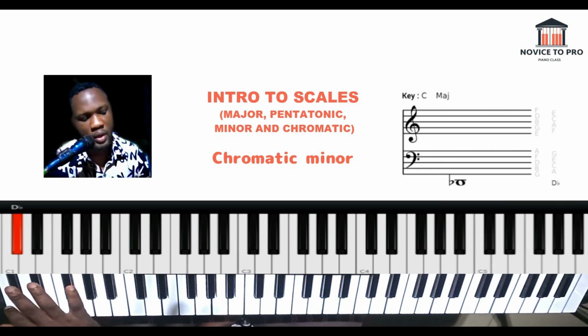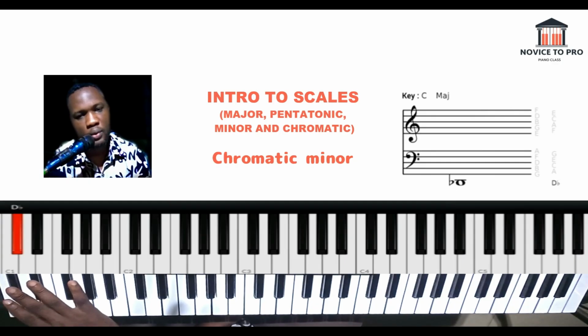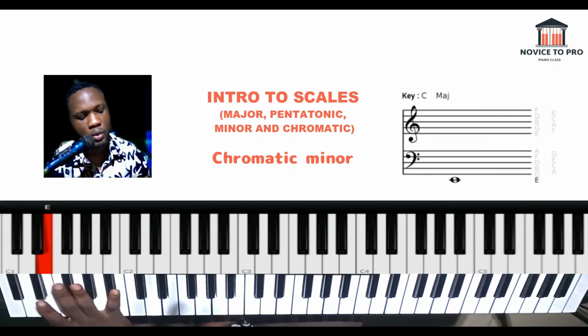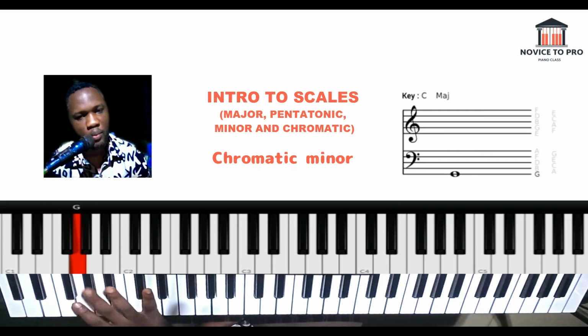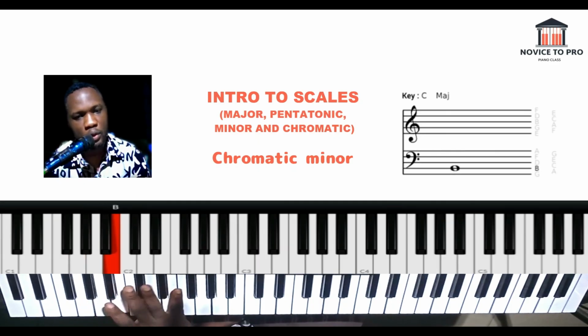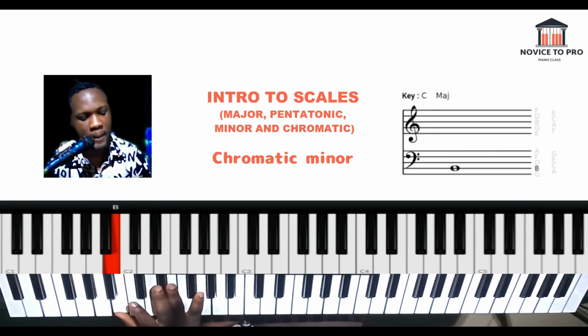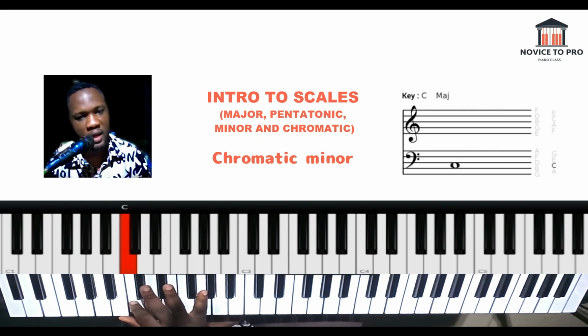All right, so we have thumb, middle, thumb, middle, thumb. Between E and F, you're going to make use of thumb and pointer. Then you continue with middle finger, thumb, middle, thumb, middle, thumb. Between B and C, you make use of pointer also.